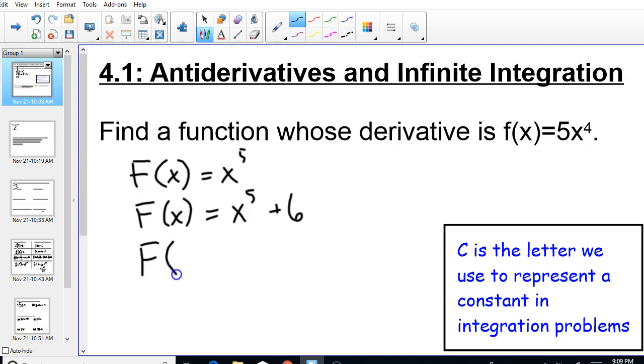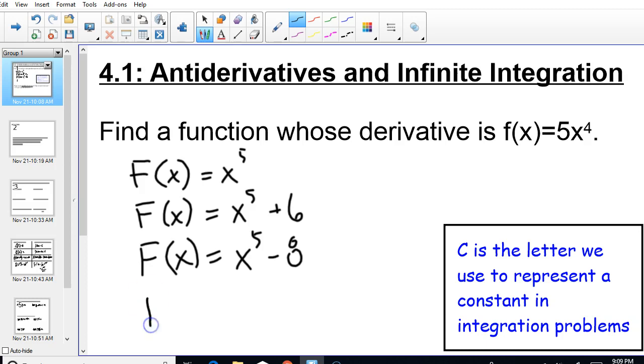I could use another function, capital F of x equals x to the fifth minus 8. That also has the derivative of 5x to the fourth power. In fact, any constant that I add or subtract to the end of this x to the fifth is still going to have a derivative of 5x to the fourth power.